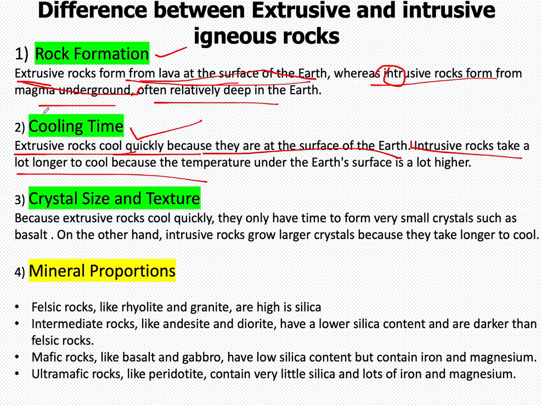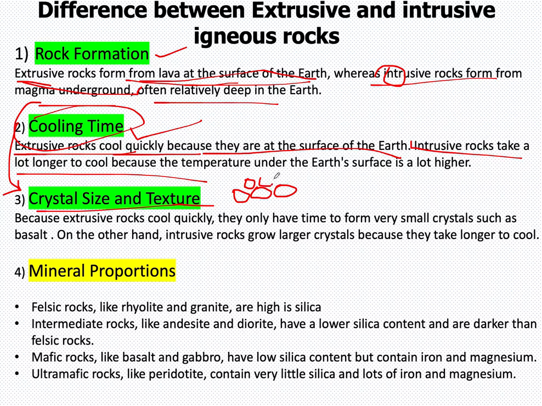Now, this very important factor leads to a vital conclusion, which is known as crystal size and texture. Say there is a rock with granules and structures, and its composition contains different minerals. Let's say these are the minerals.